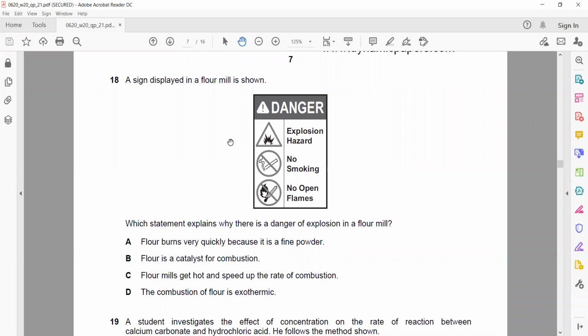So the right answer for 18 is A, because it burns very quickly because of the fine powder.